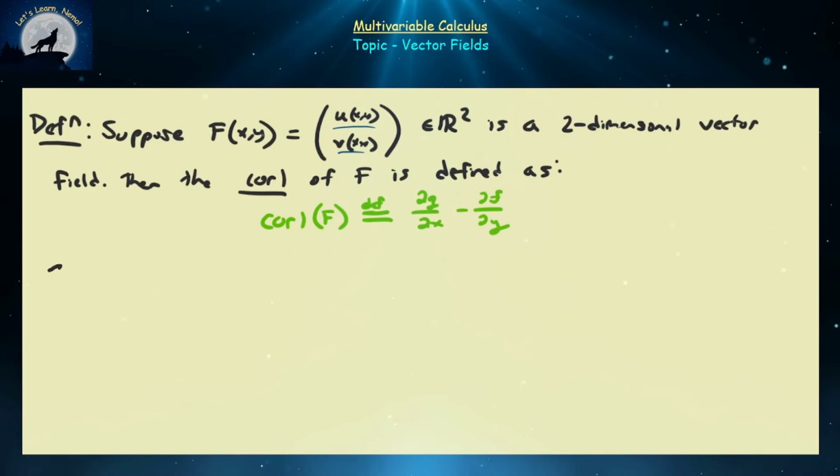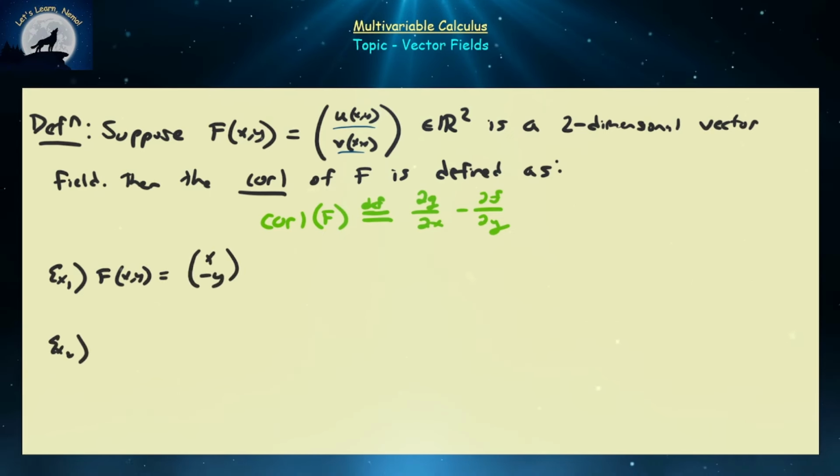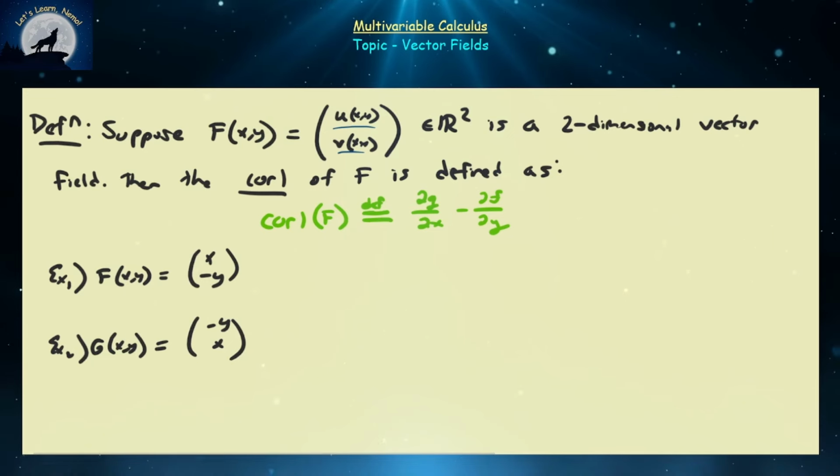So if we look at our prototypes of vector fields, in particular F of x, y is equal to x, minus y, and our second field, G of x, y, is equal to minus y, x, then what will be the curl of these vector fields with this definition? And since you have this definition and these vector fields, I highly suggest pausing the video and trying these out on your own.